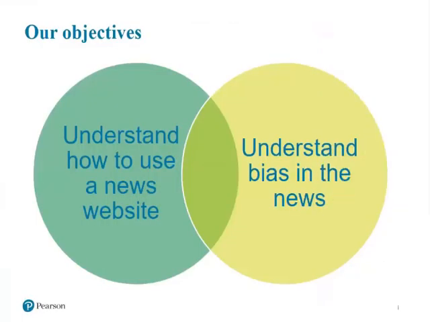And then finally, we would finish up by summarizing our objectives, and I would ask my students to give me examples of how they now understand how to use a news website. And then I would ask them to give me some examples of how they can understand bias, and to share with me their ideas of what they can do the next time they're reading an article to recognize whether or not that article has bias.